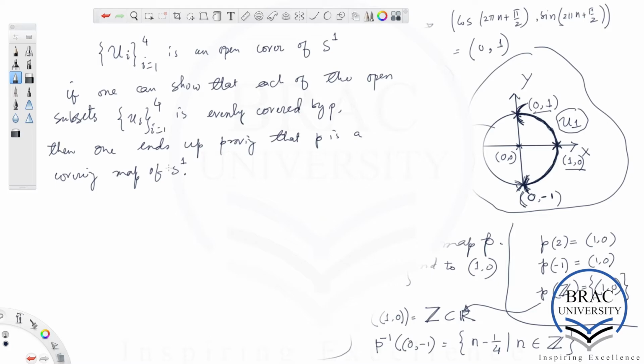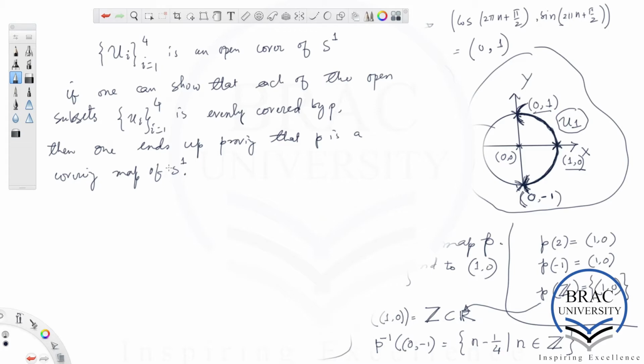Okay, all right. So let's try to prove that one of these four sets is evenly covered, and proving that the other three open sets are also evenly covered can be done the same way. So we will leave that to the readers.